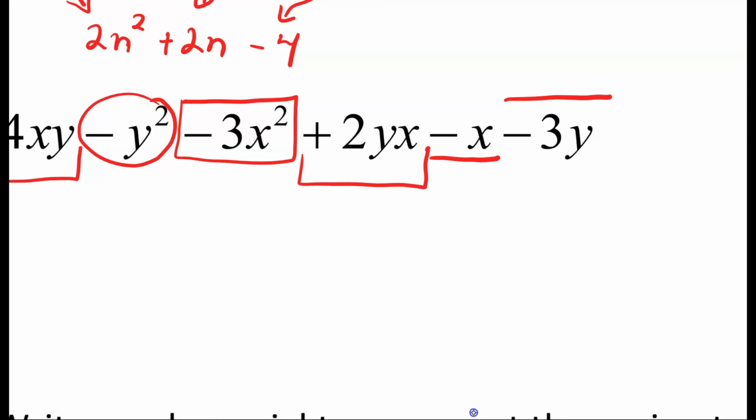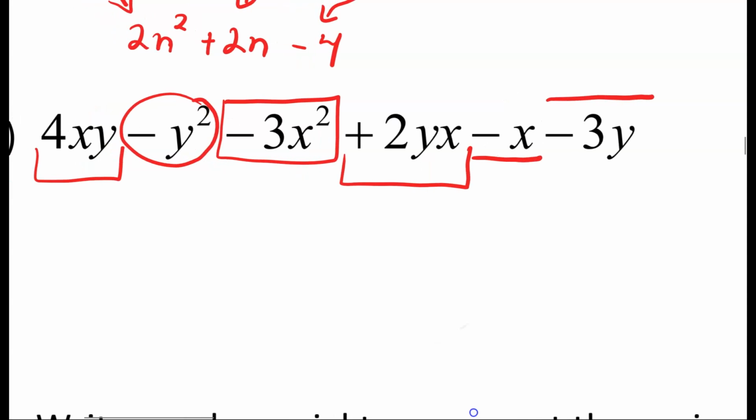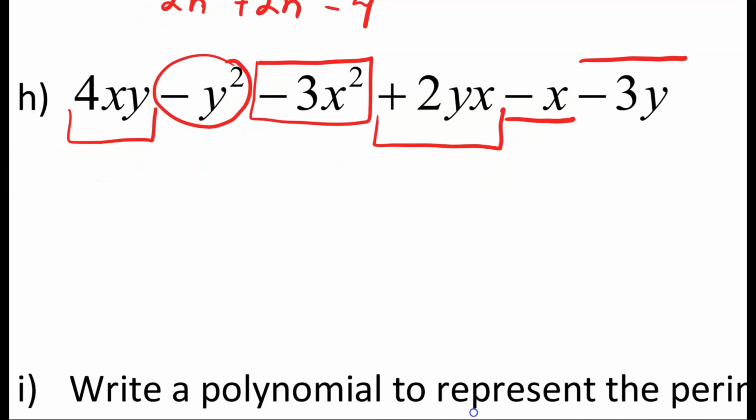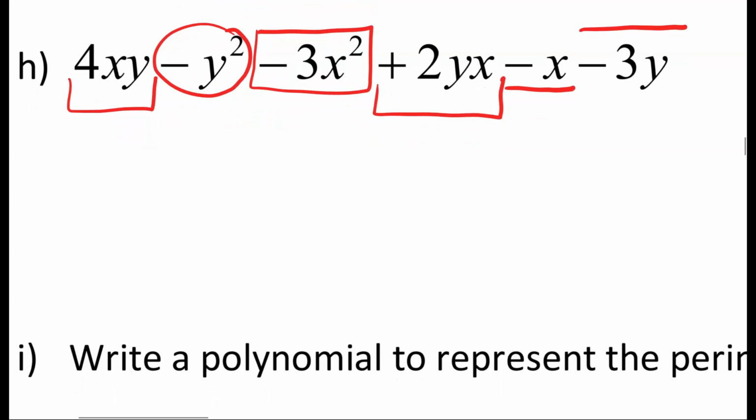There's a lot in this equation that isn't actually going to be able to be combined together due to us having so many different variables with different exponents on them. But we'll have to worry more so about the standard notations so that we're putting it in the correct order.